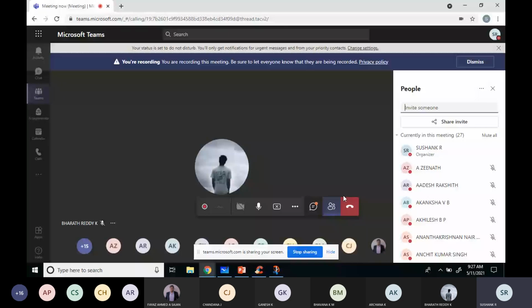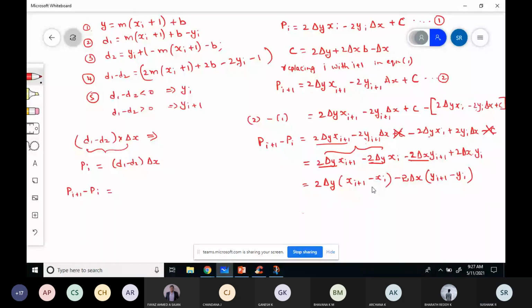So next, the equations have been drawn. Now you know that we had assumed that x moves in unit interval. We had taken some assumptions: x moves in unit interval, and for that we are calculating y incrementally.